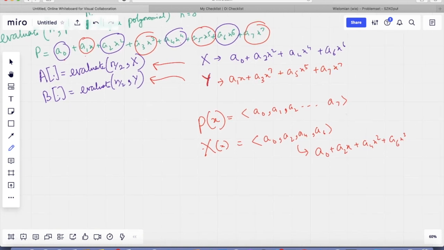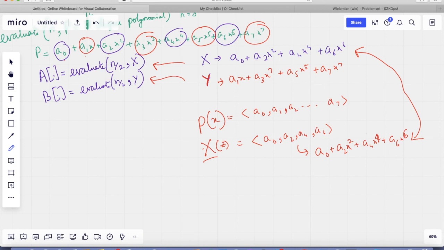But the powers are not the same, right? So what we essentially wanted to do was we make this x square. When I say that x of x square is equal to this vector, we mean that in place of x, plug in the value x square. So this becomes x square, this becomes x to the power 4, this becomes x to the power 6. Now this and this are equivalent.